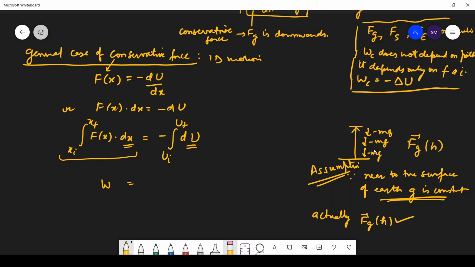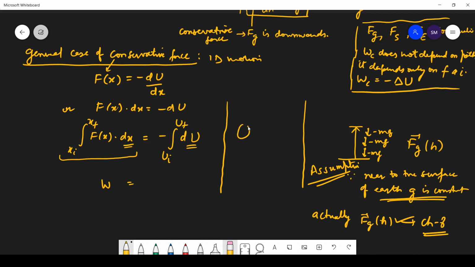Yes, it's not the same at all these points, it varies. So that is why the conservative force is different. Sir, give me one more example. Okay, this thing we will understand more in chapter number 8. We will have a formula.